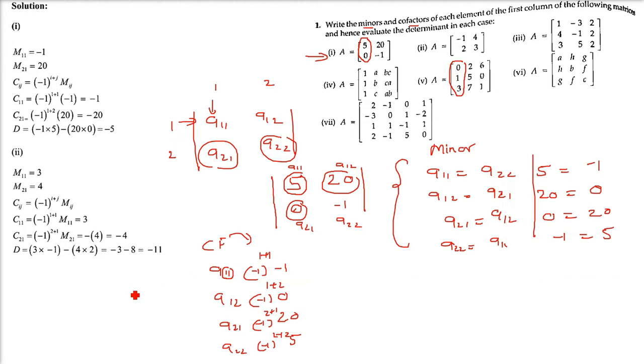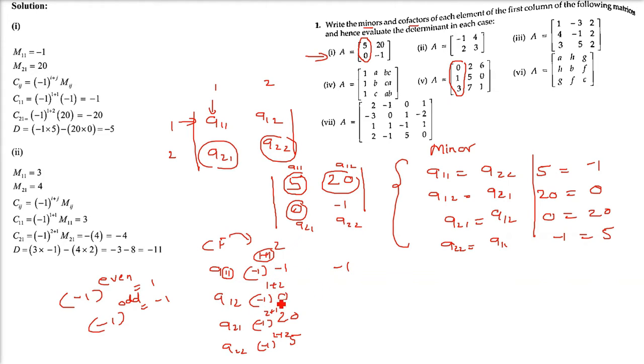Now remember one thing: -1 to the power even will always give you 1, and -1 to the power odd will always give you -1. So -1 to the power 2 is even, it gives 1, and 1 into -1 is -1. So the minor and cofactor remain the same.